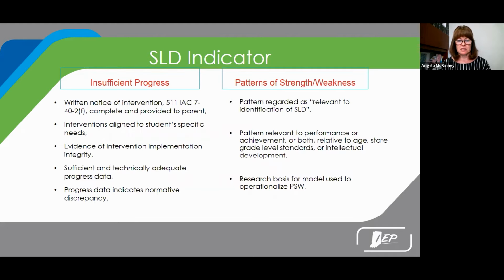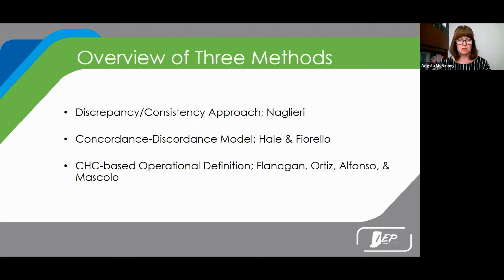All right, I'm going to skip this piece here, and we're going to jump into the methods. We have 3 different bases for how pattern of strengths and weaknesses is determined. One is discrepancy consistency, one is concordance discordance, and the other, which I think most people are more familiar with, is CHC based, which tends to be used through a cross battery approach.